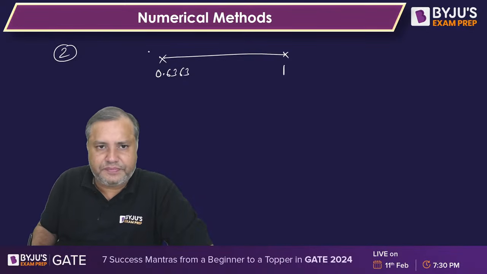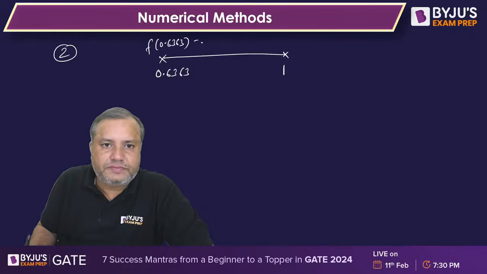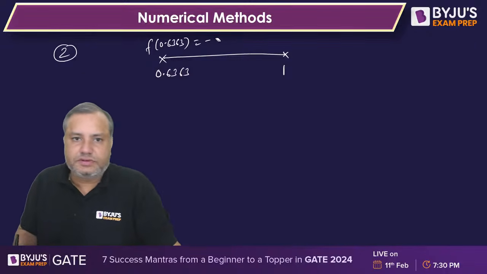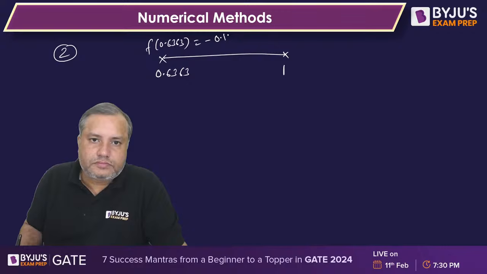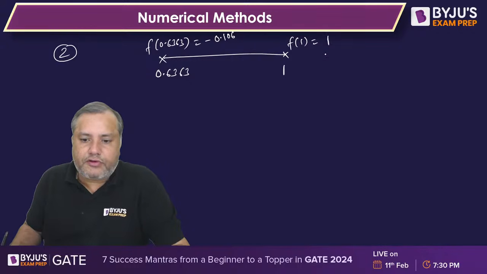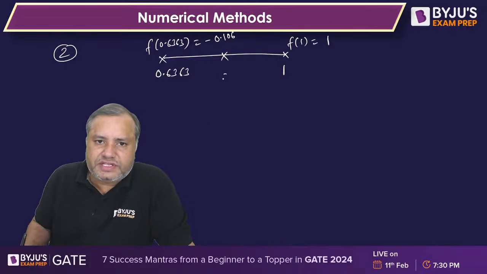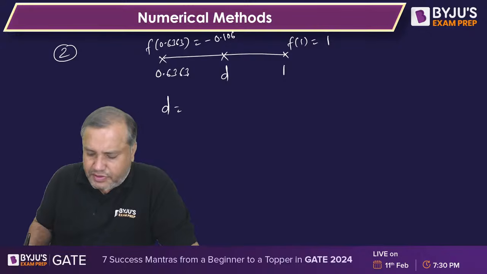Another iteration. See, f of 0.6363 is minus 0.106. And f of 1 is 1, correct? So next iteration is d. D will be somewhere between these two.